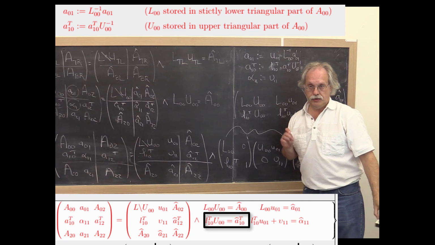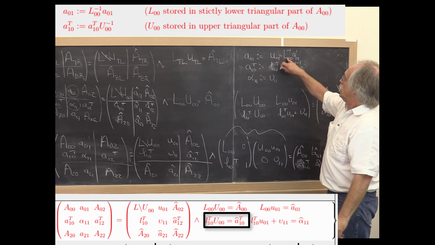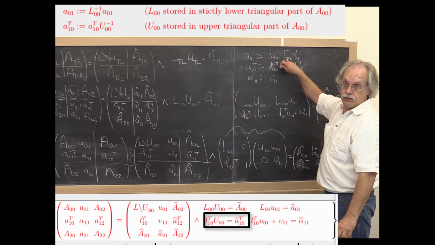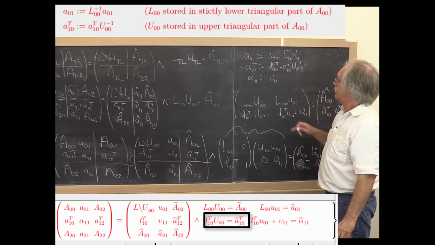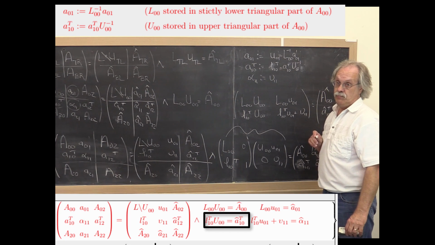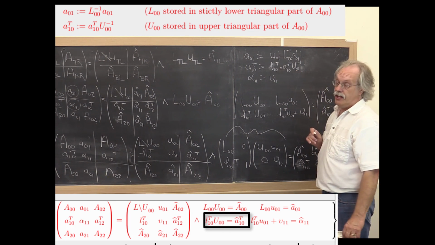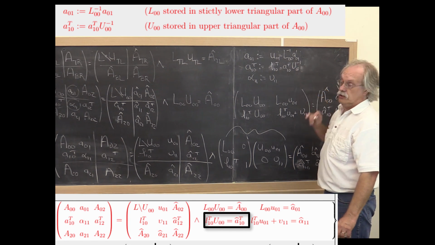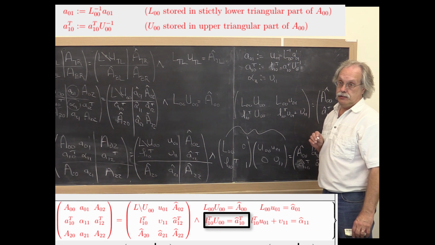Now, this brings up an interesting sticky point. We know that a unit lower triangular matrix has an inverse, so this operation is legitimate. This particular operation, maybe not, because if there's a 0 on the diagonal of U00, then the inverse would not be well defined.